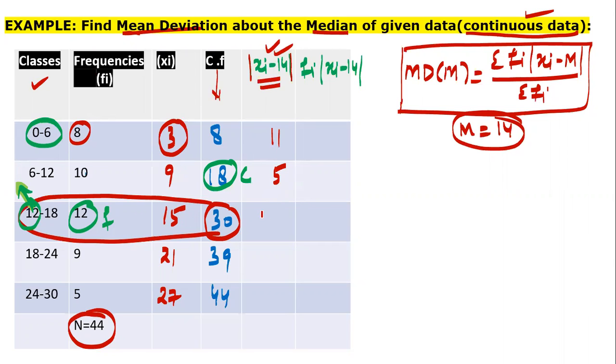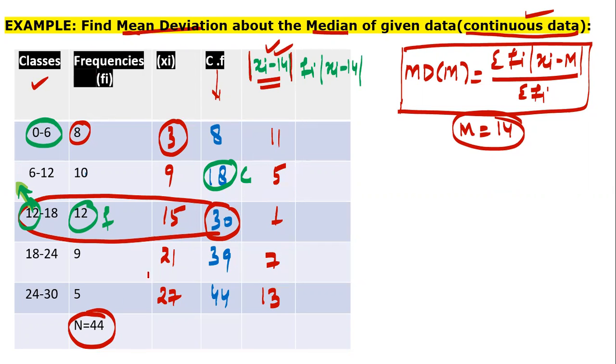Then 15, 21, that is 7 and 13. For 3 minus 14, we will take only positive. Absolute value means we will take positive. Then 9 minus 14, 15 minus 14, 21 minus 14.